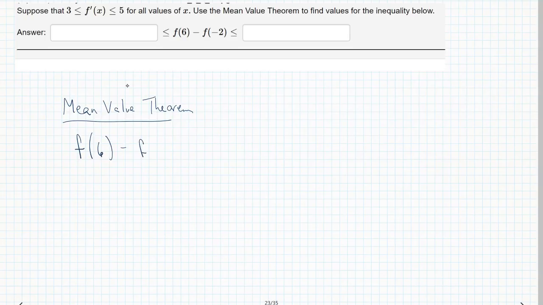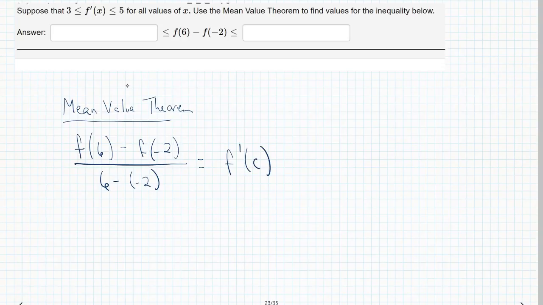We would know that f of 6 minus f of negative 2 all over 6 minus negative 2, there'd be some place where f prime of C would equal this, right?